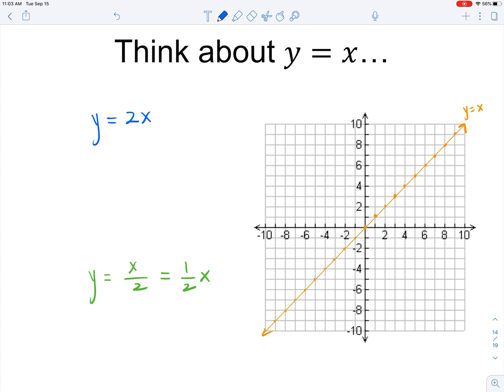Now, in this first equation, you know from Algebra 1 that it is a line that has a slope of 2 and a y-intercept of 0. But let's think about this from the transformation perspective. Our parent function being y equals x, that 2 represents a vertical stretch by 2.